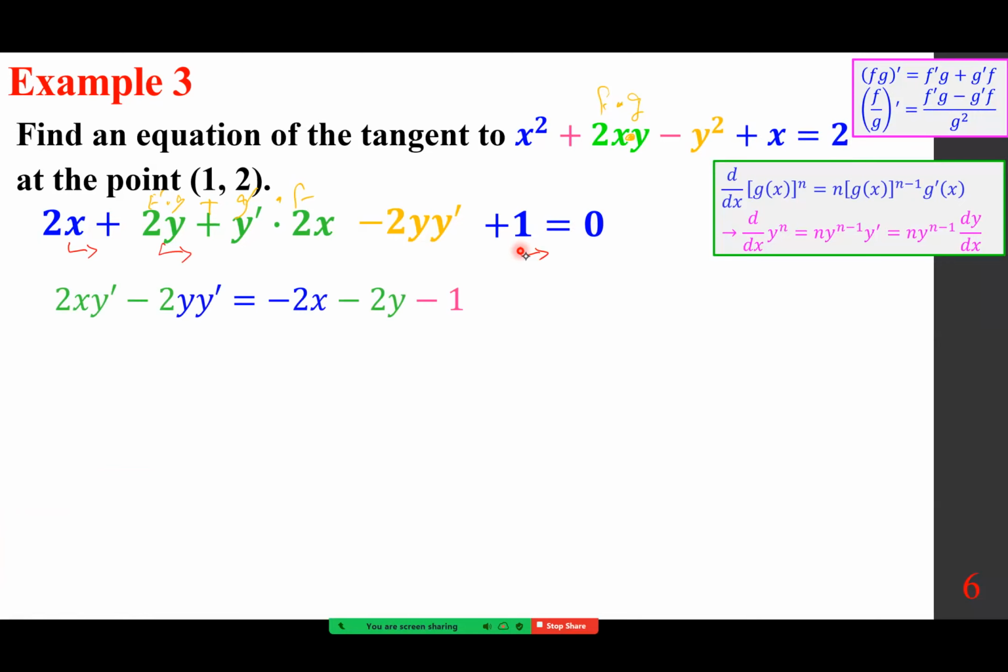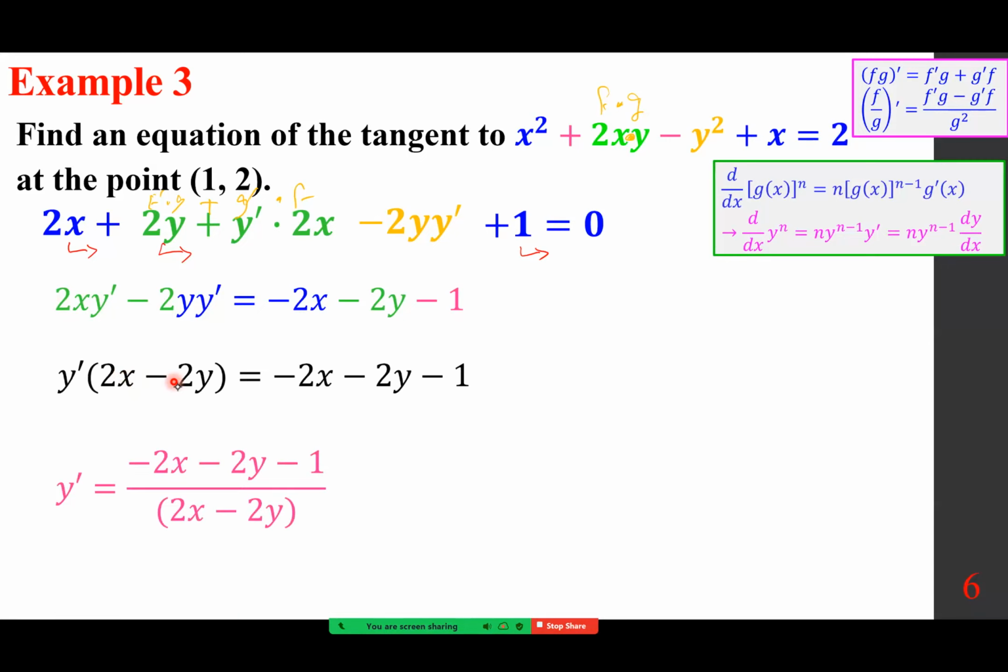And on the left side, I can take the 2y prime out, but on the right side, I don't have a common factor of 2. I'm going to just take the y prime out, which gives me 2x minus 2y. I can divide by the parentheses, and that's y prime or dy dx.